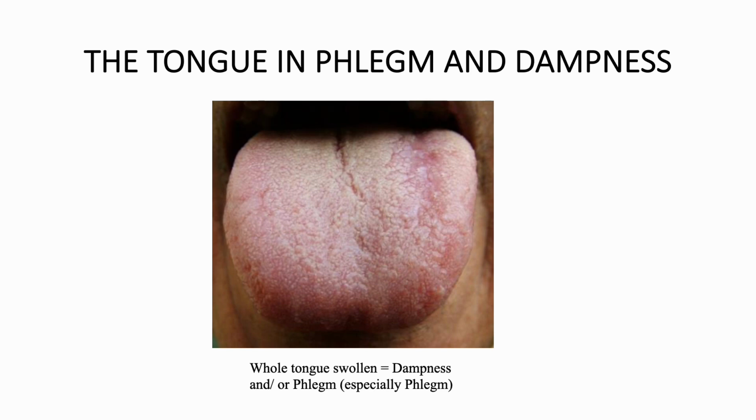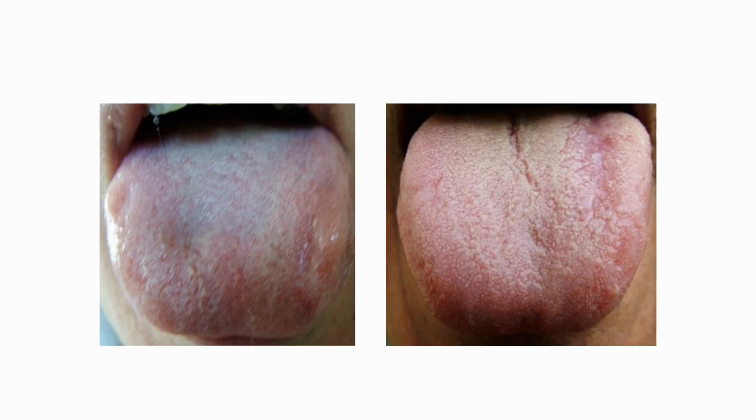Therefore, a swollen tongue indicates not qi deficiency, but rather the presence of a pathogenic factor, that is, phlegm or dampness. The tongue coating will differ slightly depending on whether there is dampness or phlegm present. Dampness causes the coating to appear more slippery and smooth, whereas a coating indicating phlegm tends to be slightly rough and sticky.